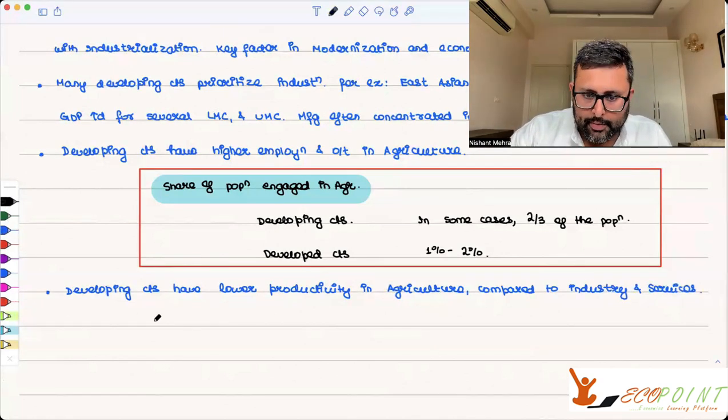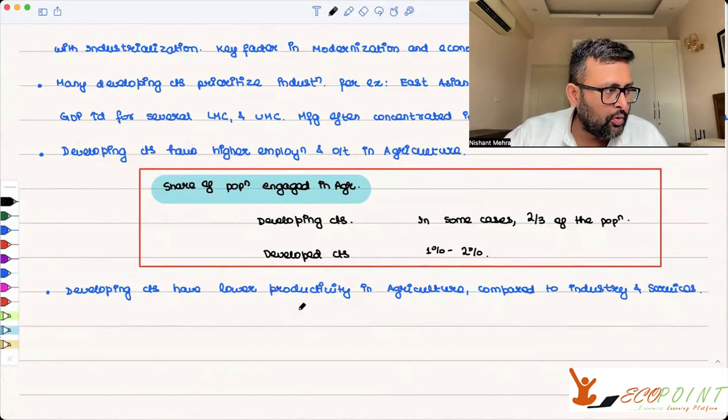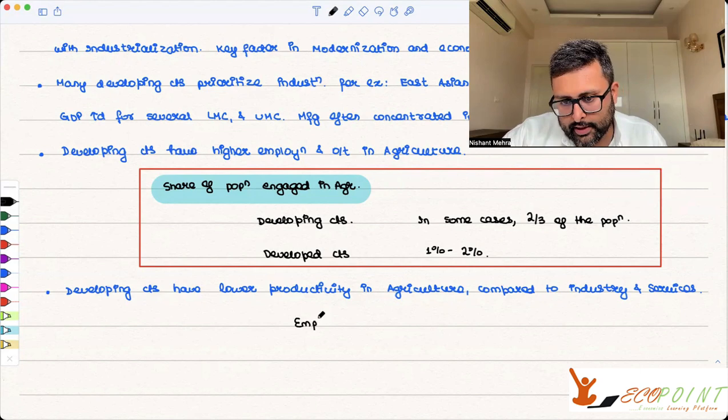So we'll take up two examples. You can say, just write employment in agriculture.